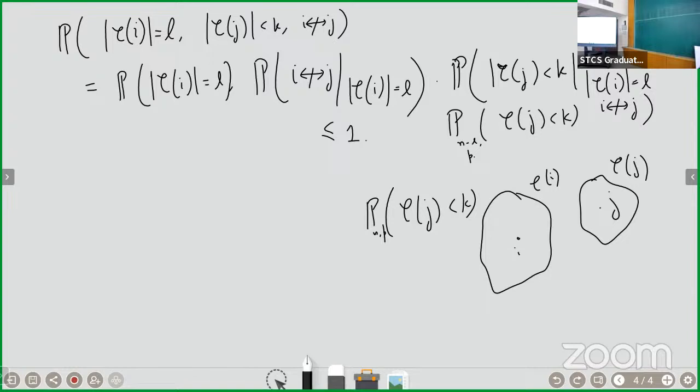It's only the number of vertices that change. See, what was the coupling before? We looked at two graphs with the same number of vertices and just increased p. Whenever I put an edge with a smaller p, I always put an edge with a larger p also. Edge by edge, I could match.